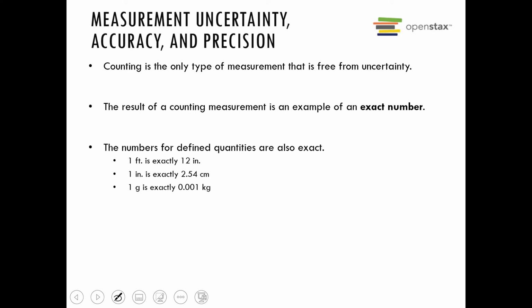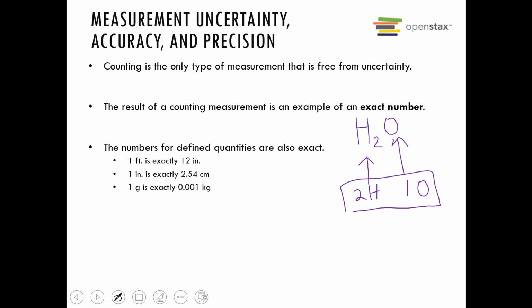If I have the compound H2O, there are exactly 2 hydrogens and 1 oxygen in this compound. That is an exact measurement.